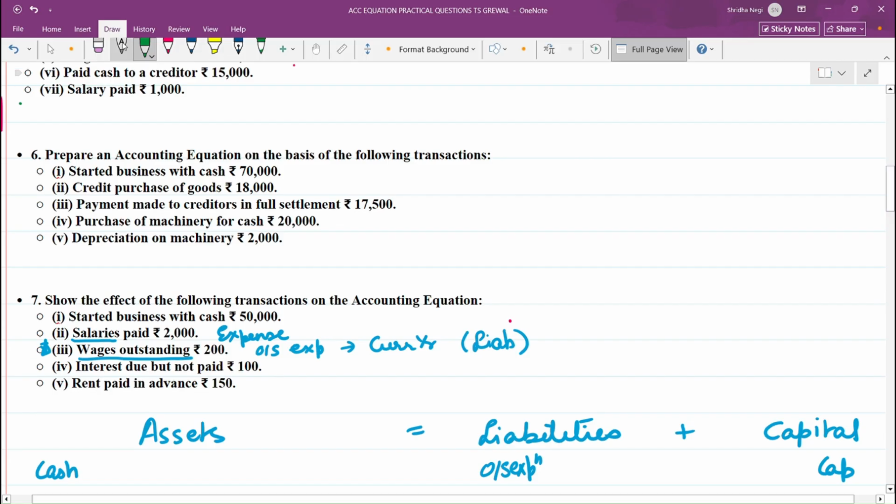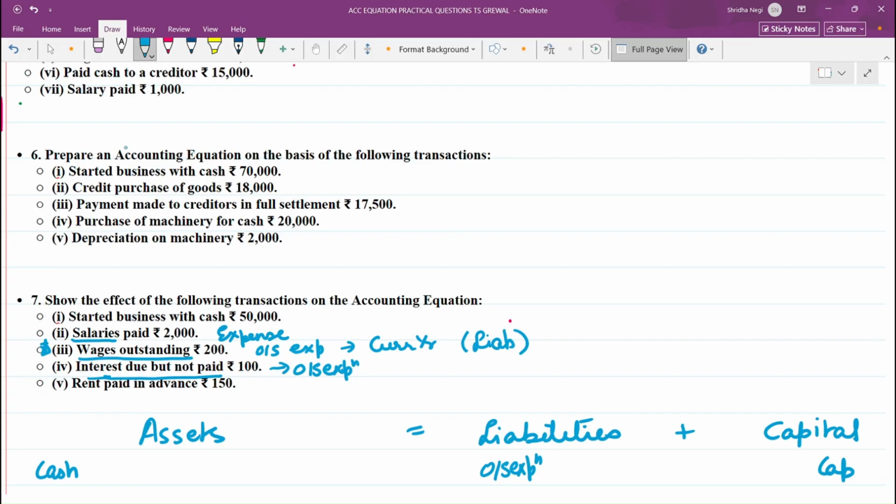Interest due but not paid rupees 100. Interest due but not paid. So this is again what? What is it? It is your outstanding interest. It's also an outstanding expense. क्या है?